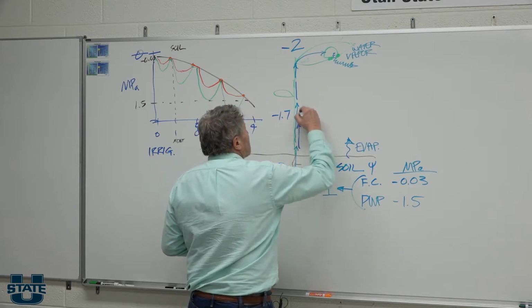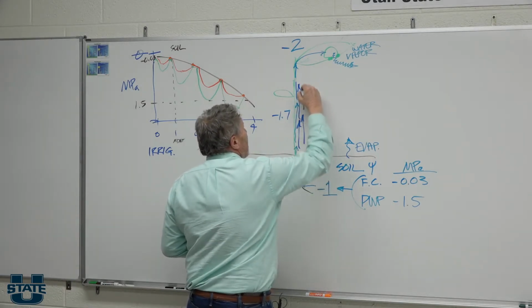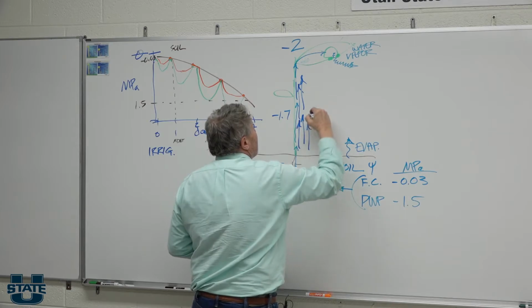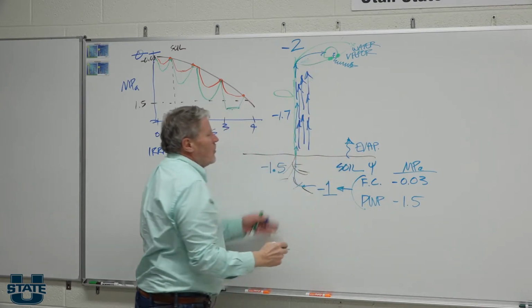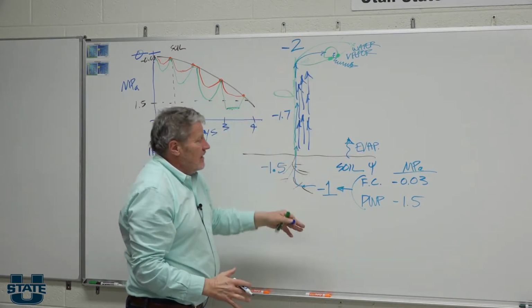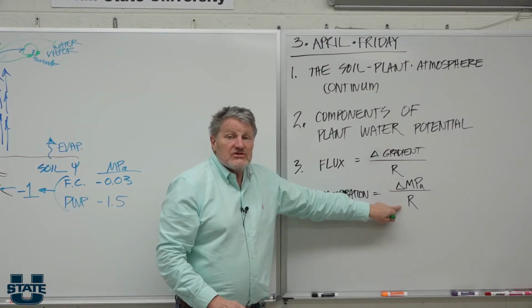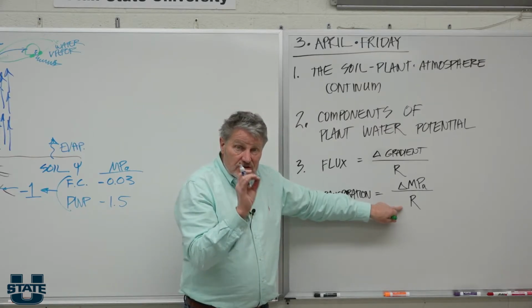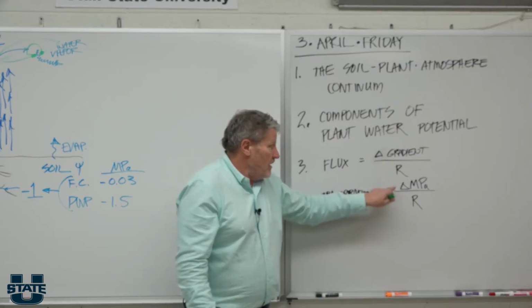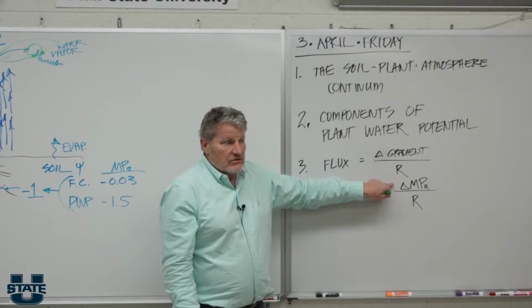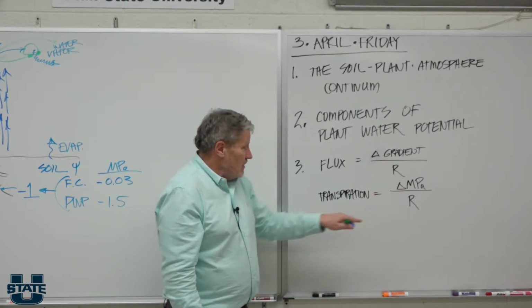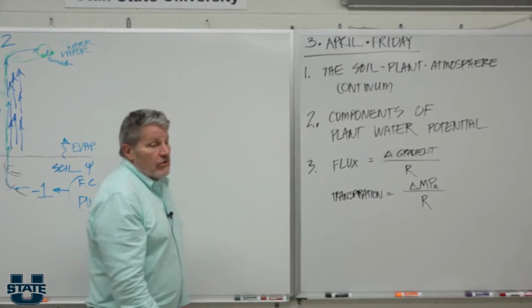We could draw multiple arrows up here to emphasize all the water we got to get up there on a hot day. And if the soil is partly dry, the resistance of the phloem is fixed by the diameter of the phloem. We got to have a huge delta megapascals in order to provide the water to the top.